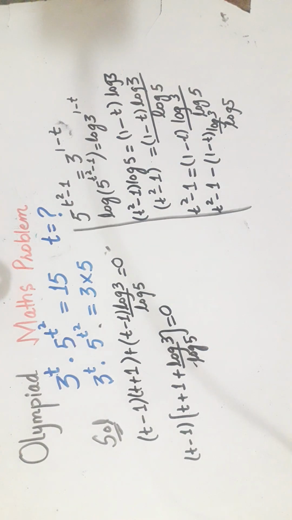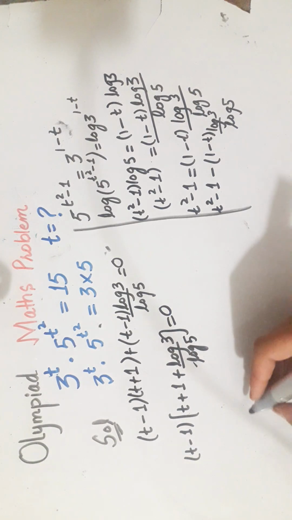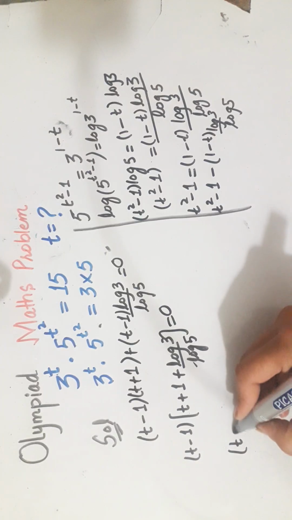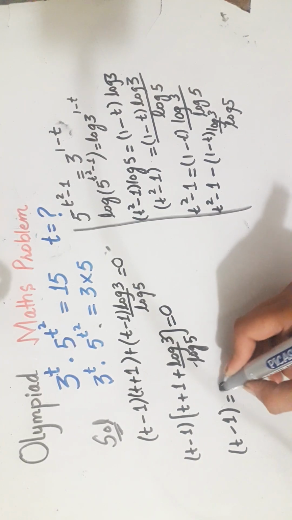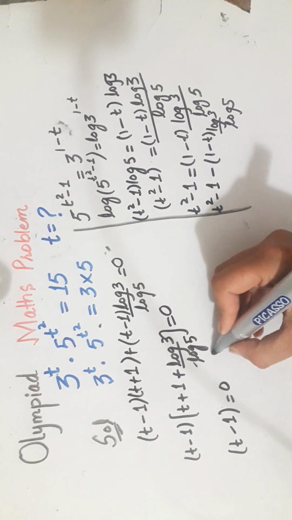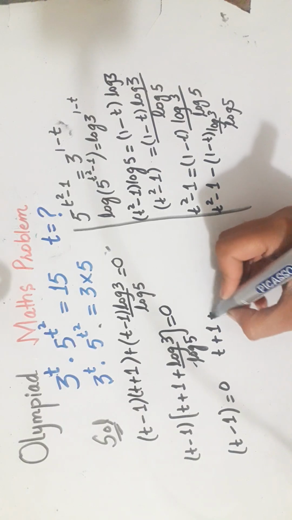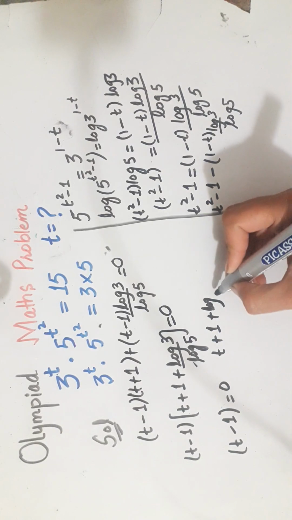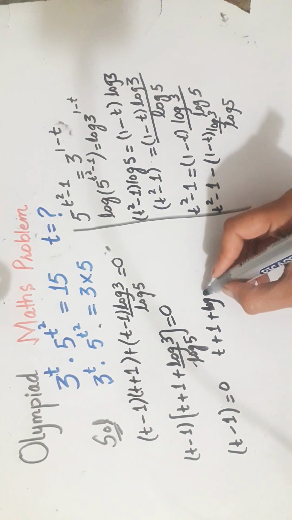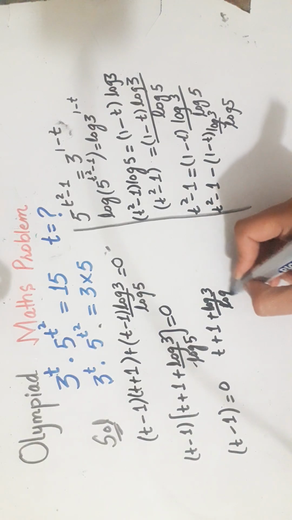Now we have two factors of this. First one is t minus 1 equals 0, and the other one is t plus 1 plus log 3 by log 5.